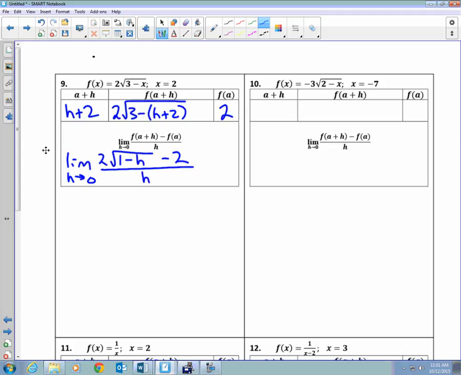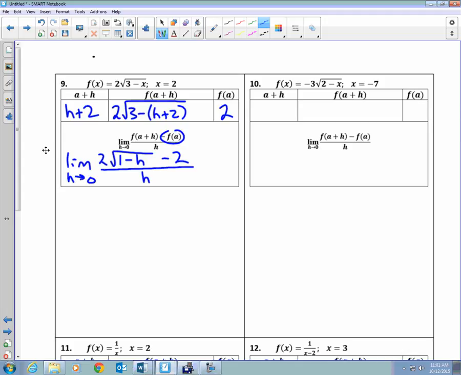Everybody okay with what I did? Three minus h plus 2. The 3 minus the 2 will give me 1, and then I have a negative h. And then minus 2 because of the minus f of a.